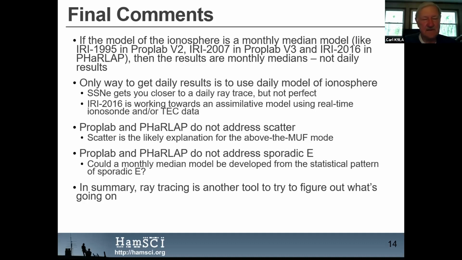In summary, ray tracing is just another tool to try and figure out what's going on. It allows you to visually see what happens, and it can make more sense than a whole bunch of tabular data. So that's all I had, Nathaniel.